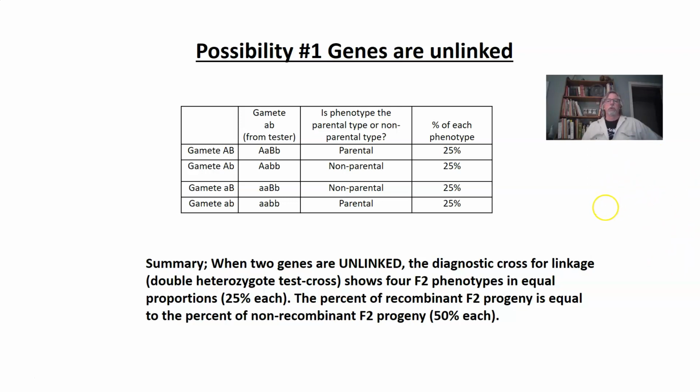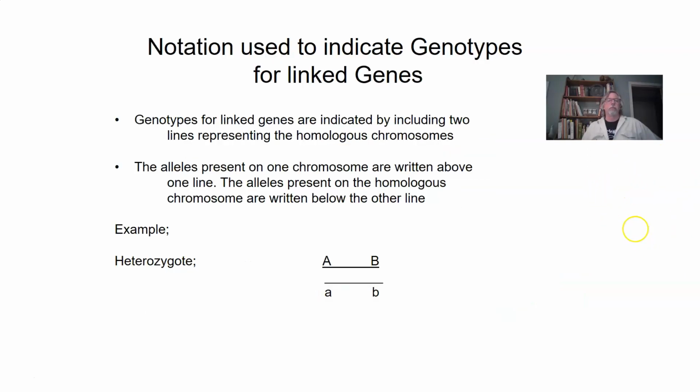All right, let's look at the situation for linked genes. And just a note, if we are assuming that genes are linked, a good way to draw their genotype is like this. So this would indicate one chromosome and the alleles on that chromosome. This would indicate the other chromosome and the alleles on that chromosome.